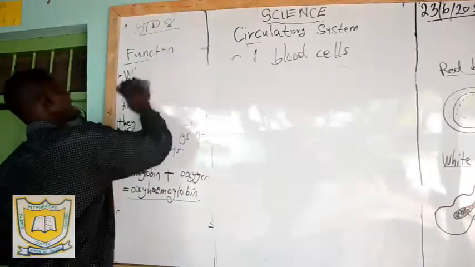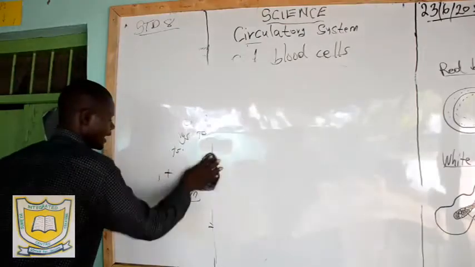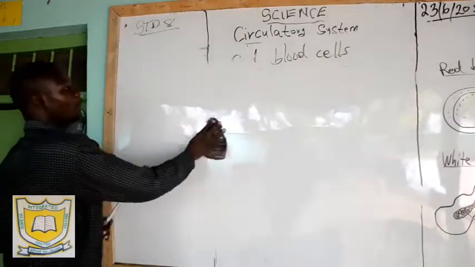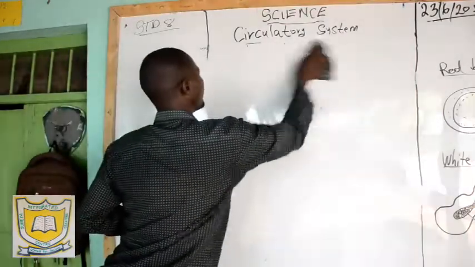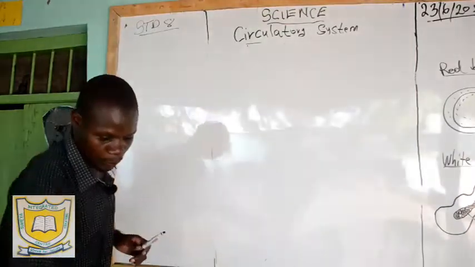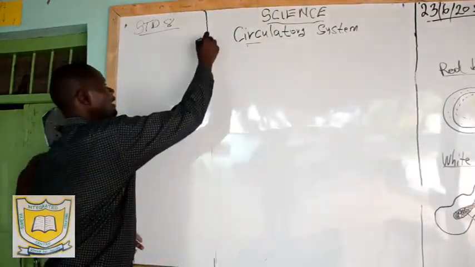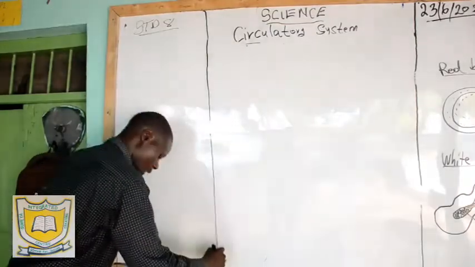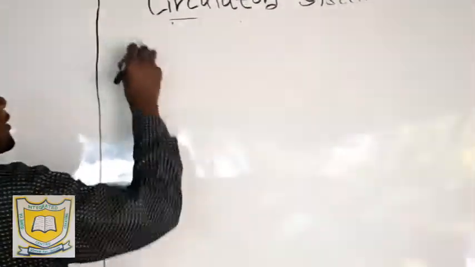So that is the red blood cell, which was the second component of blood. Now we move to the third. We have discussed the plasma. We have discussed the red blood cell. So number 3, we come to white blood cells.